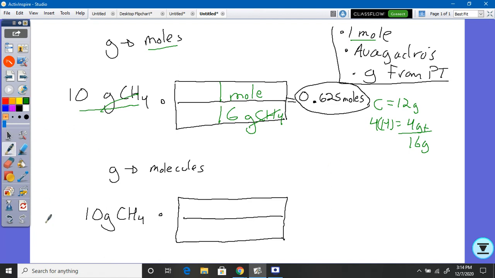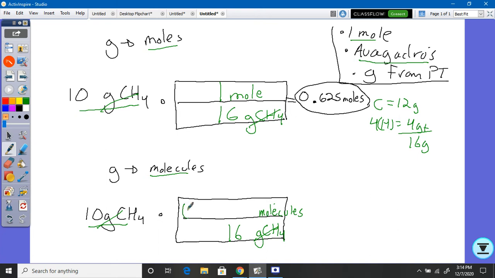If you were to start with 10 grams and you wanted to convert it to molecules, you want to cancel the grams, so once again grams go down here on the bottom. On the top, you want to convert to molecules. What number do you write with molecules? Avogadro's number.